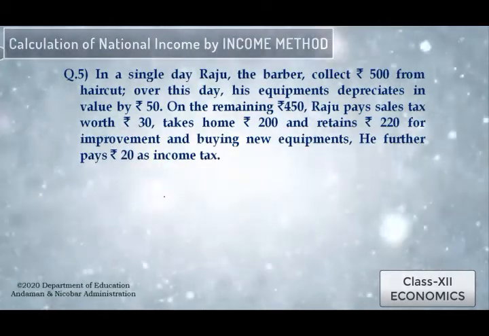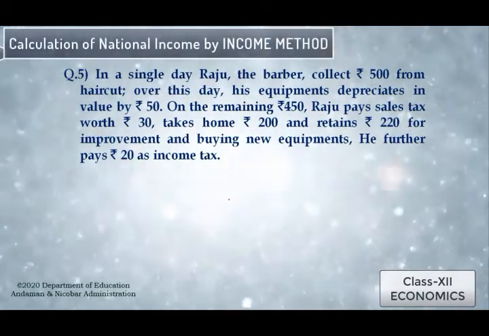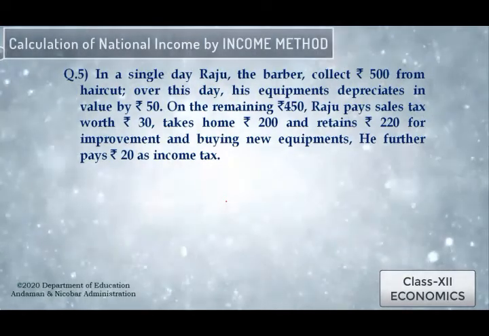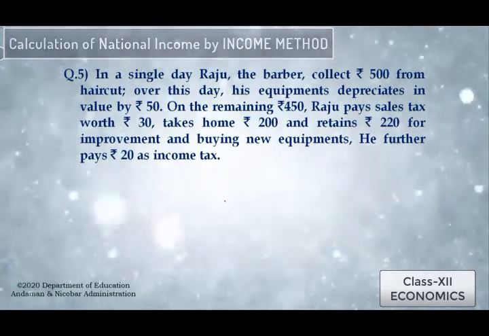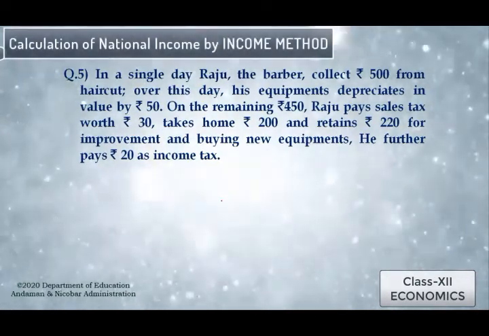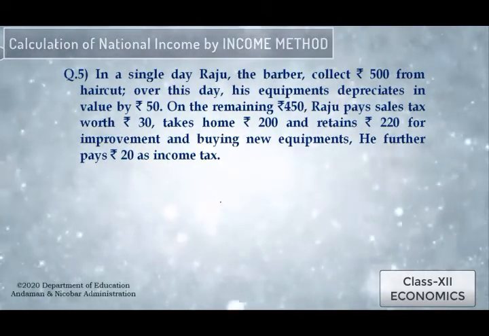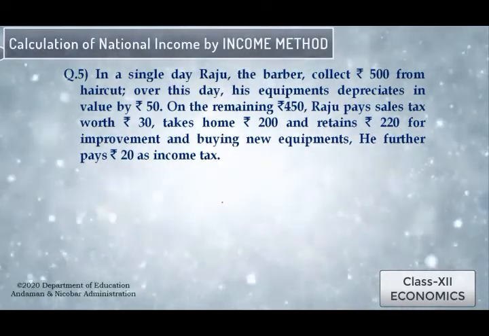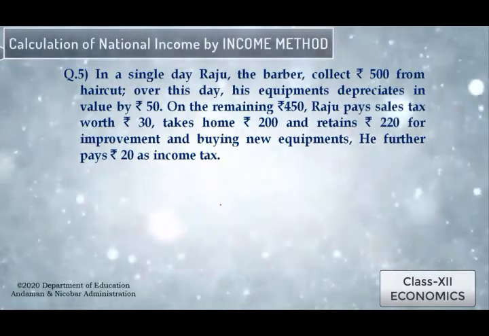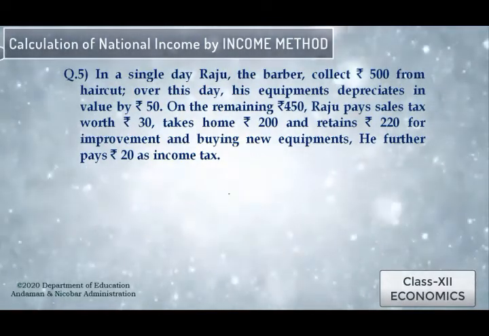Over this day, his equipment depreciates by rupees 50, and on the remaining 450 rupees, Raju pays sales tax of rupees 30, takes rupees 200 to his home, and retains rupees 220 for the improvement and buying of new equipment. He further pays rupees 20 as income tax to the government.